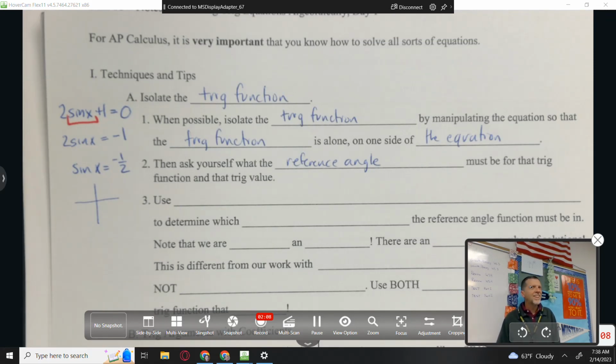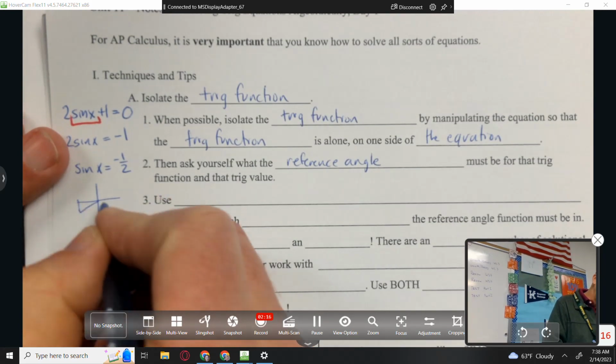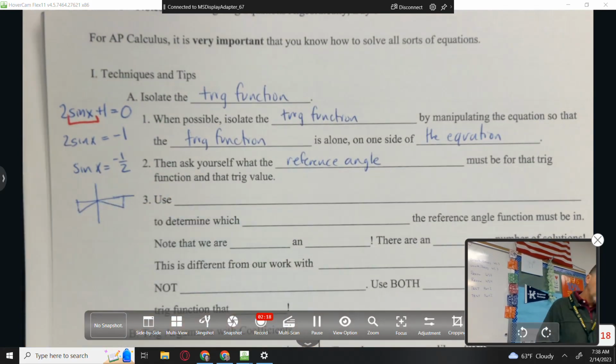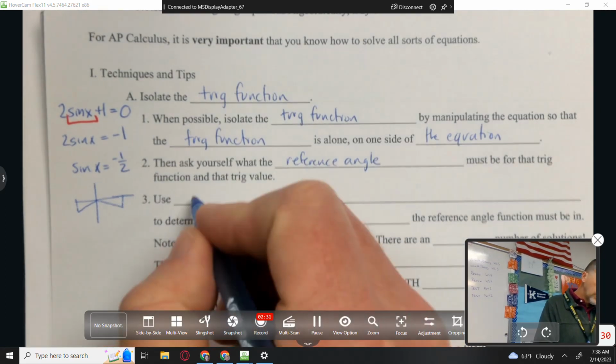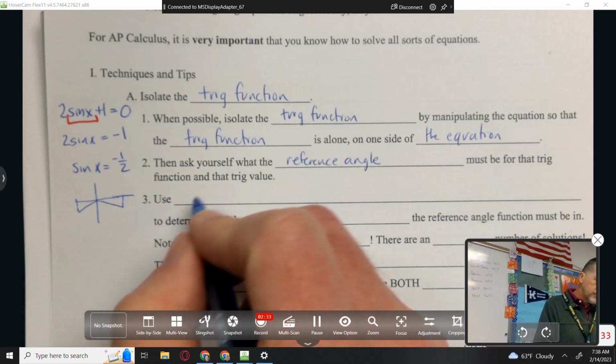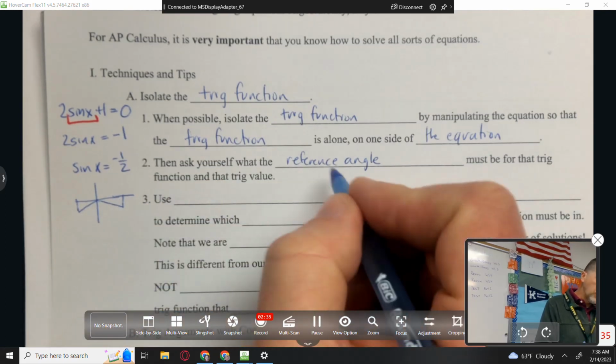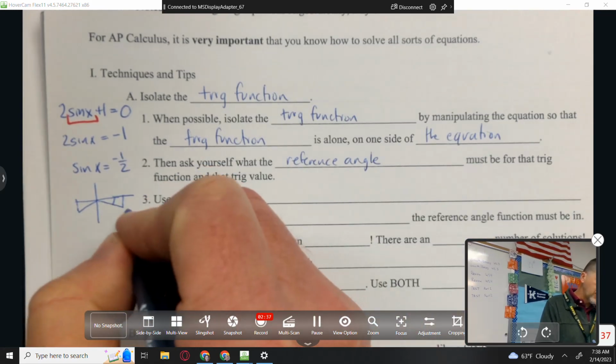Say that again. 3 or 4. 4 for sure. 3 and 4. The down ones, because sine is the y coordinate. So there's the 2 places where it happens. I don't want to say the 2 answers because there's an infinite number of solutions, but there's 2 places on the unit circle. And they both are, this is the reference angle thing, they're both over 6.